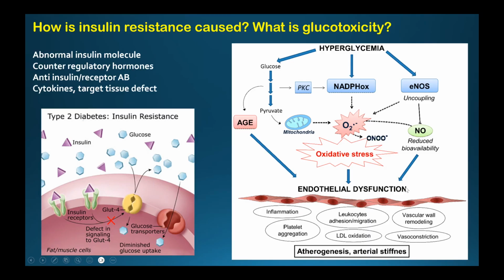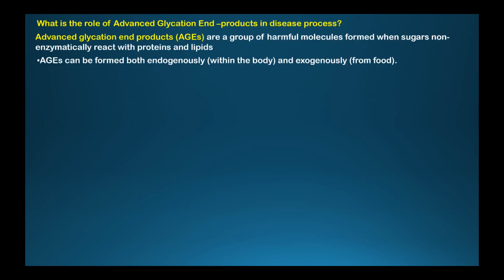So the endothelial dysfunction is caused by three routes. One is advanced glycation end products, second is oxidative stress, third is reduced bioavailability of nitric oxide. Okay, so these are the three mechanisms by which the entire pathology happens in diabetic patients.